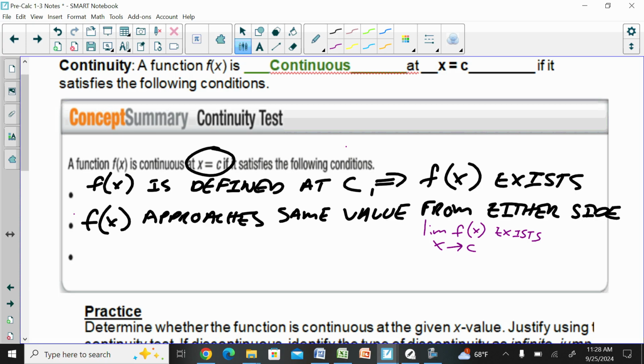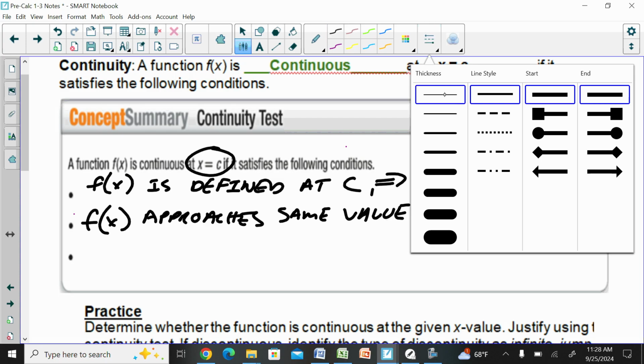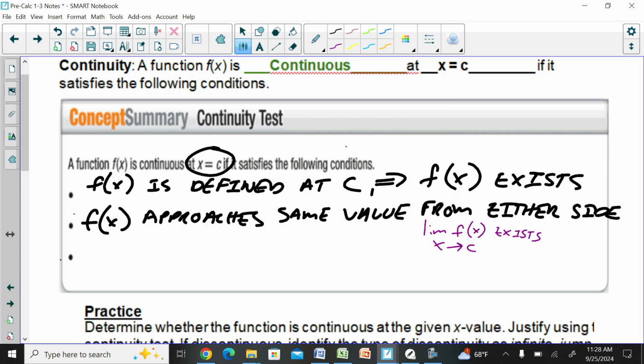The third thing is that the value that f of x approaches, basically the second step, is f of c.